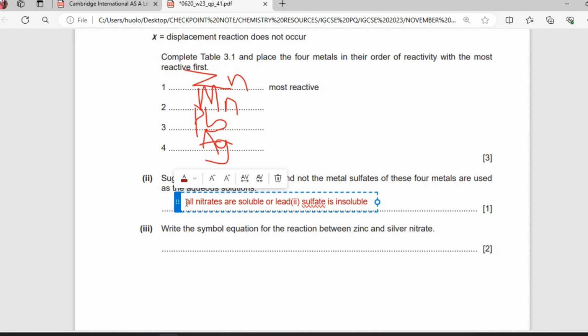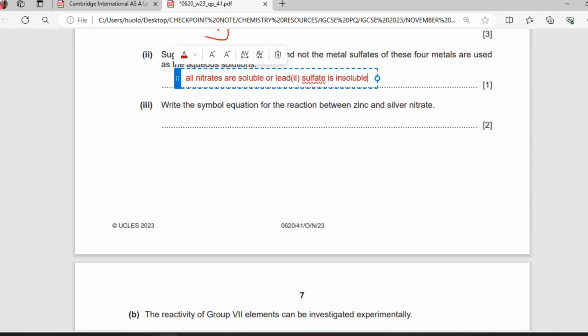If we use sulfate, we'll find a situation where reactions will not take place, whereas the metal is still more reactive and a displacement reaction is actually supposed to take place. The sulfates will prevent further reaction. Okay, so that's that. We make progress to the next question.